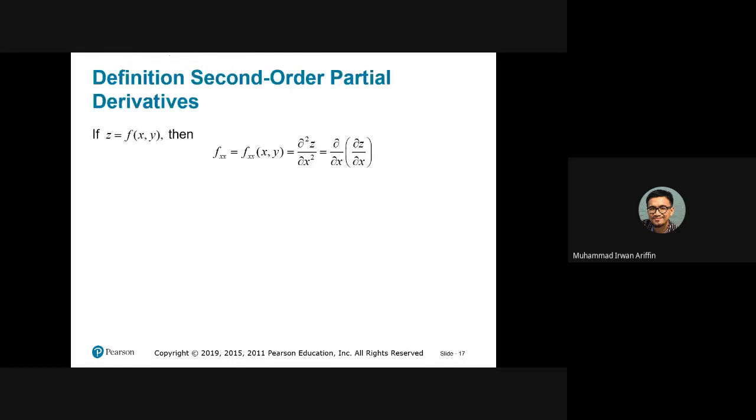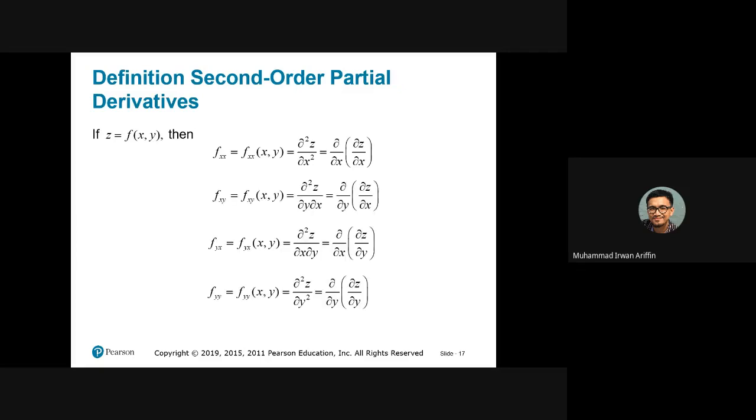So this is the definition of the second order partial derivative, where we simply differentiate the first derivative one more time. Since the function has two independent variables, each partial derivative would again have two second order partial derivatives. So in other words, we have a complete set of four second order partial derivatives.